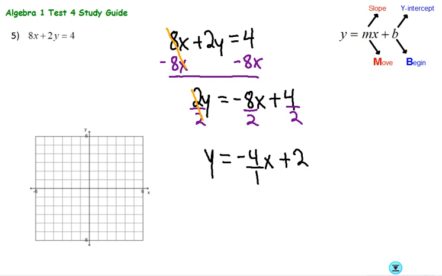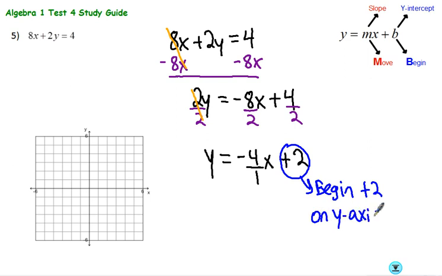All right, b is where you begin. So we're going to begin at positive 2, and that's always, always, always on the y-axis. See, nothing's different here. We've said the same thing 100 times now. So begin at positive 2 on the y-axis. Your slope tells you how to move from there.